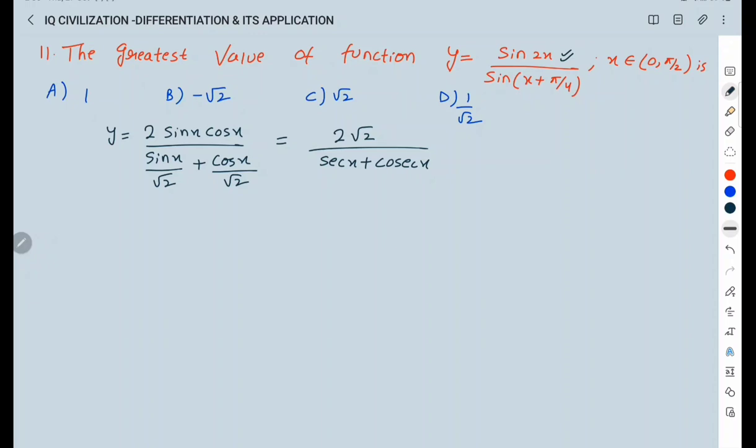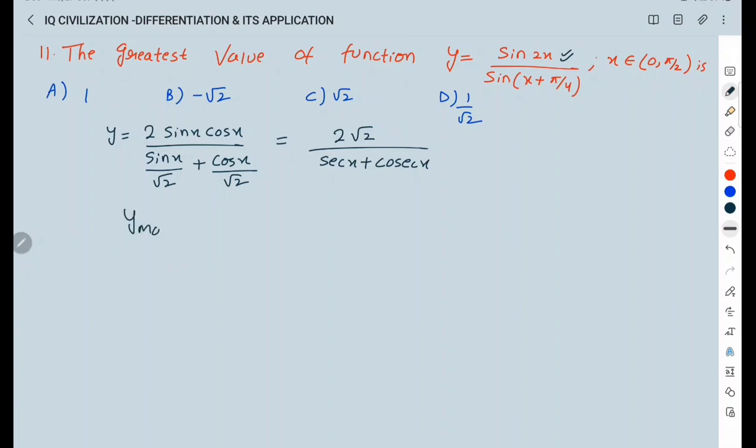Why did we get this? Root 2 goes to the numerator, that becomes 2 root 2. Here we have sin x cos x, and in the denominator we have sin x plus cos x. So we got 1 by cos, that is secant, and 1 by sin, that is cosecant. That is the reason we wrote it like this.